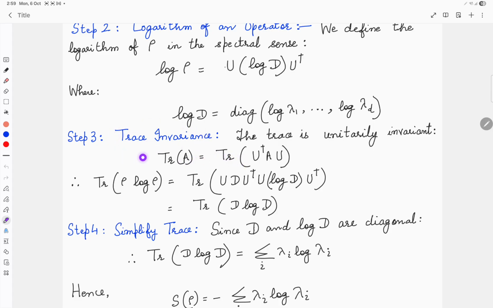That's why we say that the trace is unitarily invariant. What is unitarity? Unitarity basically tells us that U† U is equal to the identity matrix. So this relationship defines the invariance of the trace under the unitary property.